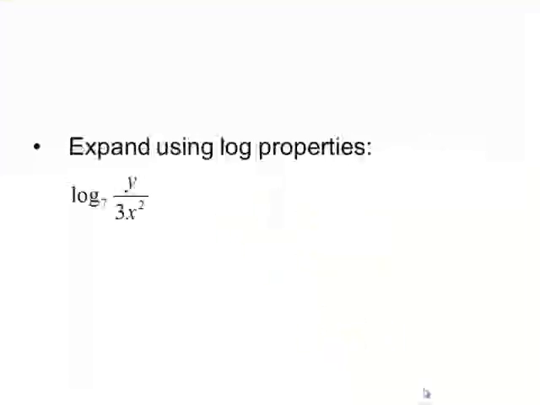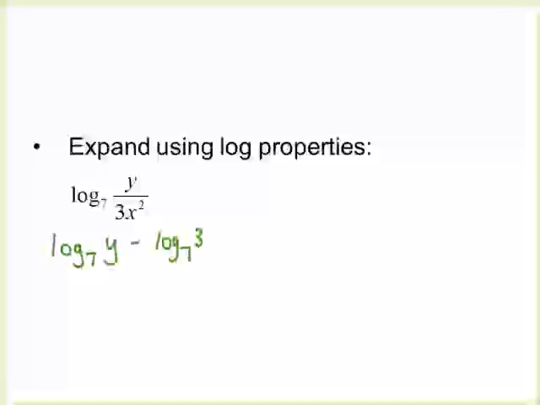These last few examples are more of the same type of problems as our early questions, but something to address. So in expanding, we turn it into a subtraction. So I'm going to have log base 7 of y minus log base 7 of 3x squared. Then the next property we applied was the product property to separate that 3 from the x squared.